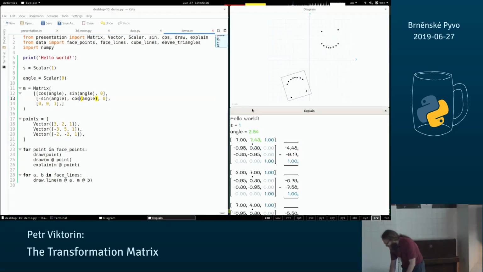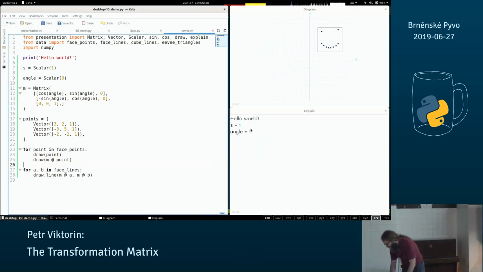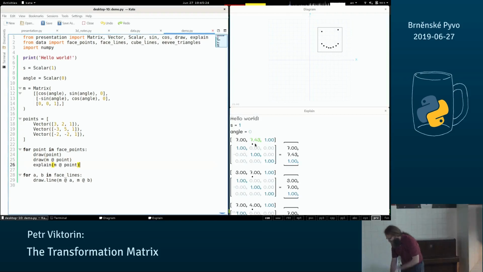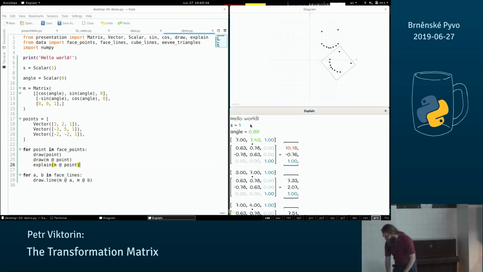It's getting a bit slow because of all these explains and multiplications and stuff. Okay. So by shearing in one direction, shearing in another direction, and scaling in appropriate amounts, we can make a rotation matrix.